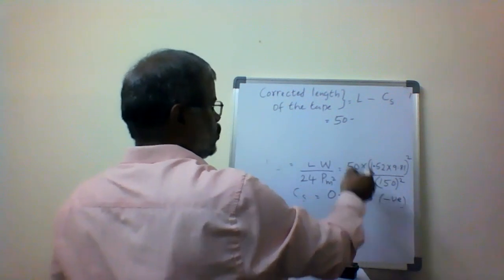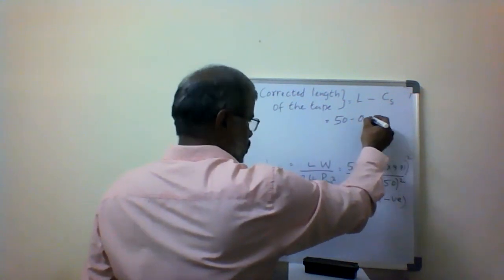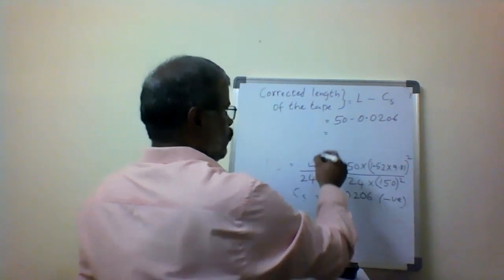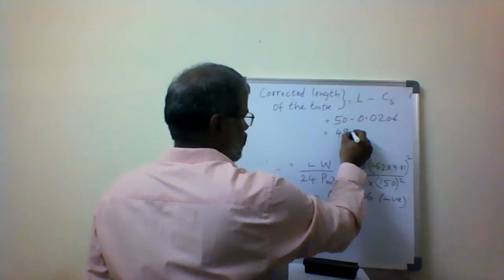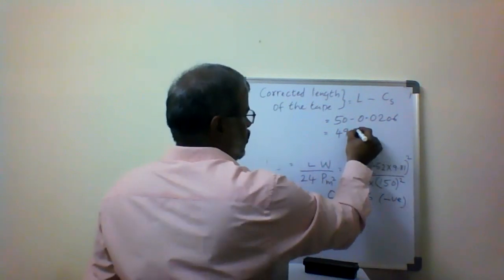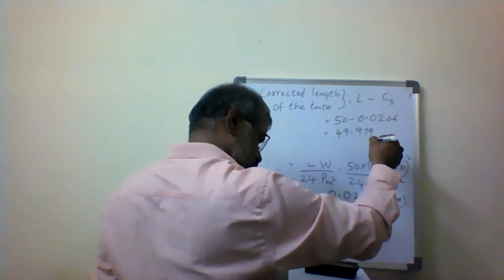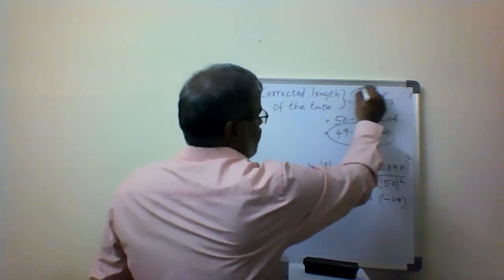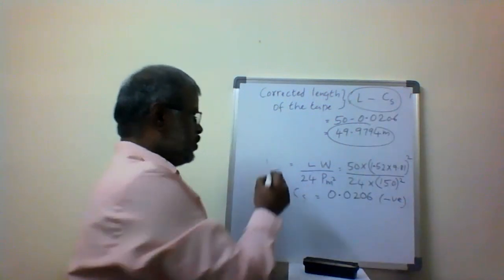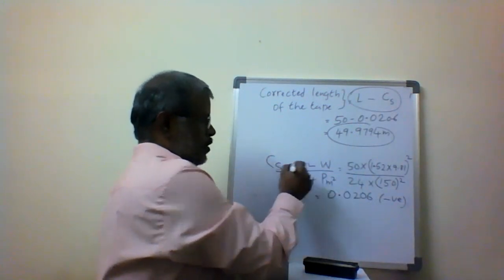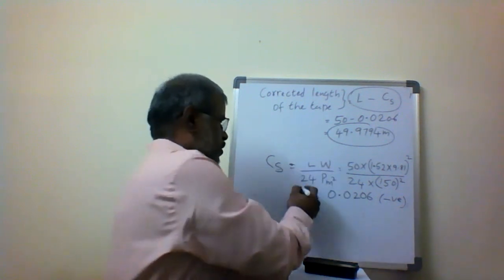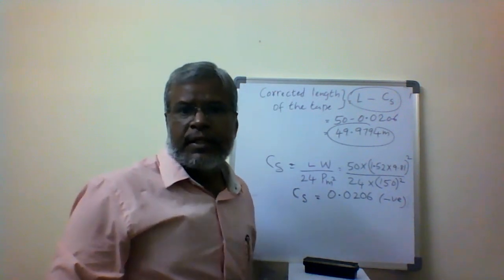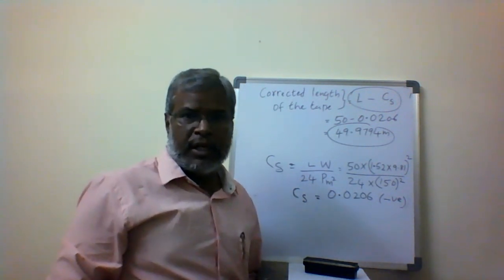What is the correction for sag? 0.0206. So the corrected length is 49.9794 meters. From the Cs we calculated, we get the corrected length of the tape.